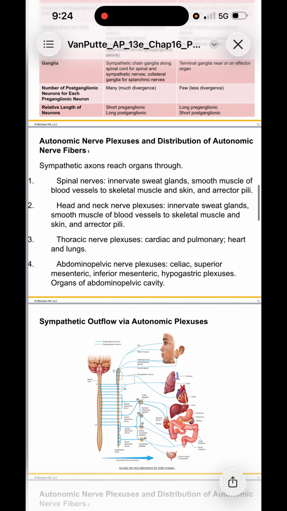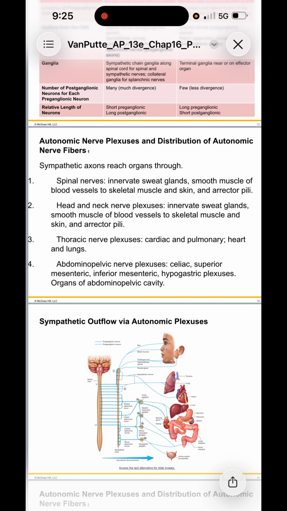Autonomic nerve plexus and distribution of autonomic nerve fibers. Sympathetic axons reach organs through: 1. Spinal nerves, which innervate sweat glands, smooth muscle of blood vessels to skeletal muscle and skin, and erector pili. 2.